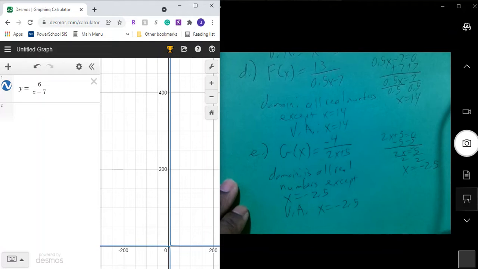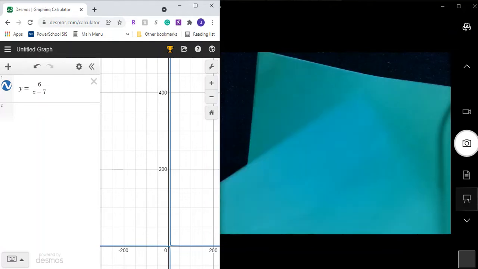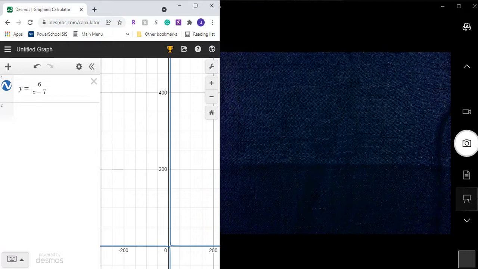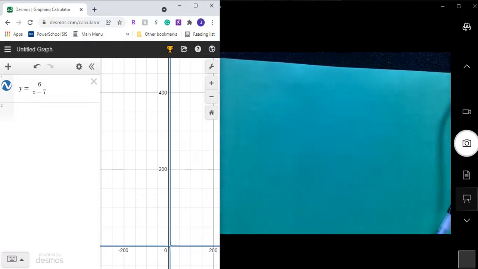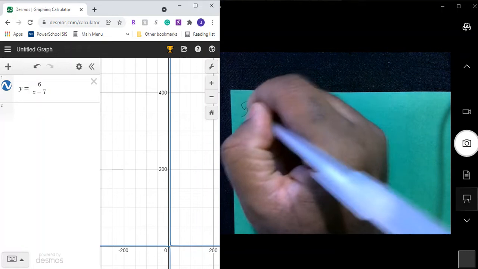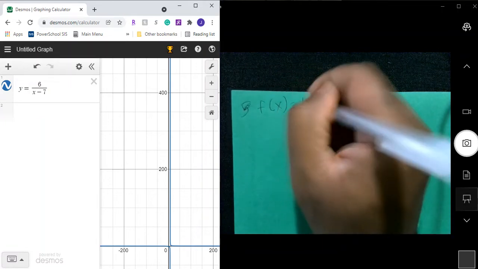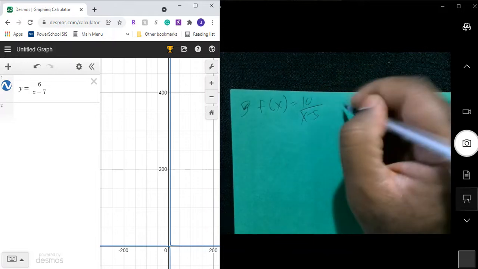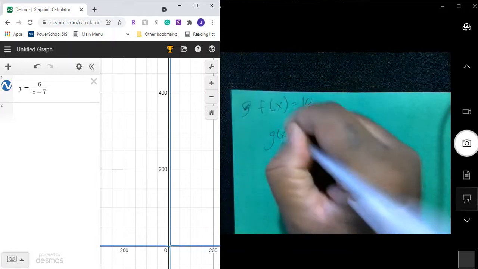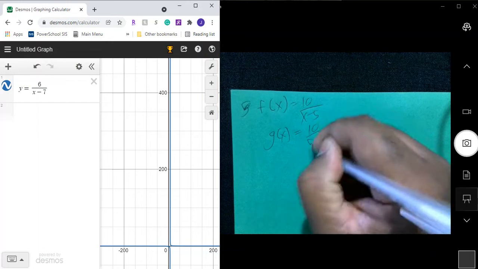So now we come to problem number 5. It says, as the input value of a rational function gets closer to a vertical asymptote, the output becomes larger in magnitude, approaching either positive or negative infinity. Consider the functions f of x equals 10 over x minus 5, and g of x equals 10 over 5 minus x.